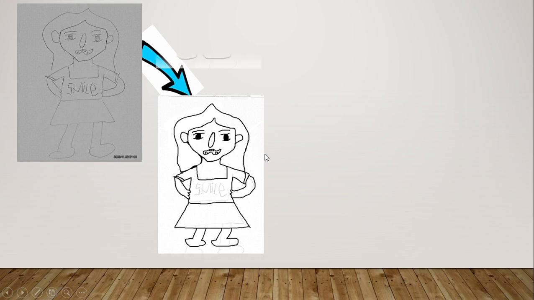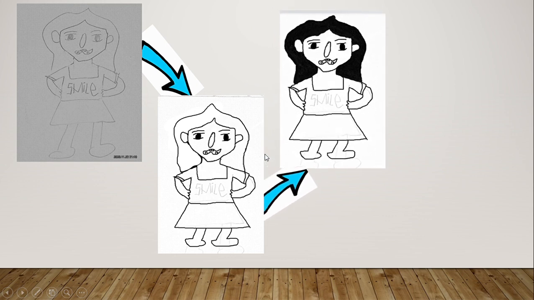And next, we have here the color black and a brush with a thick stroke of, I think, 14. So we shaded the hair so that it will give more color, so that it will be clear that this is hair.